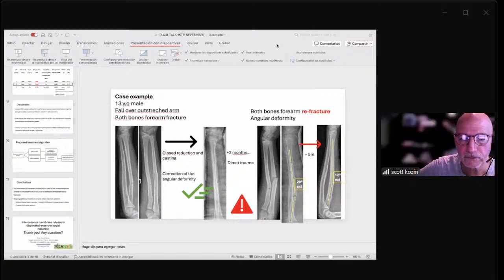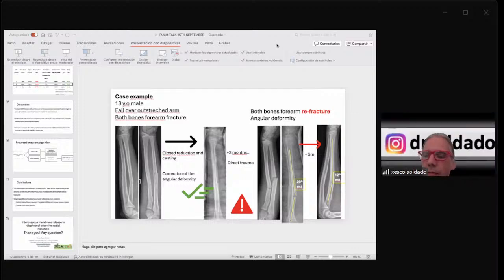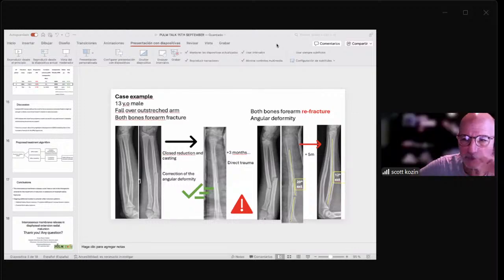For sure. But that's what's so fascinating about this: it's an acute phenomenon. There's also an interesting question: we know that the interosseous membrane gets tight in supination. So how does releasing the membrane give you increased pronation? That's the question.